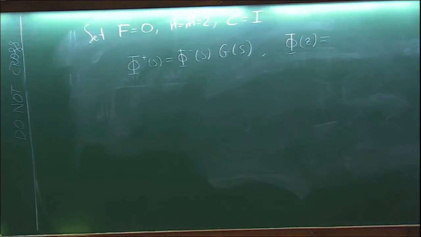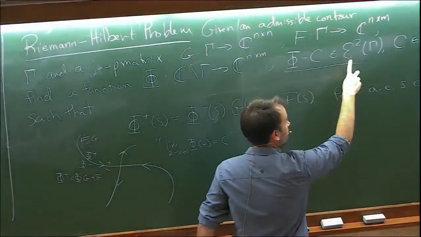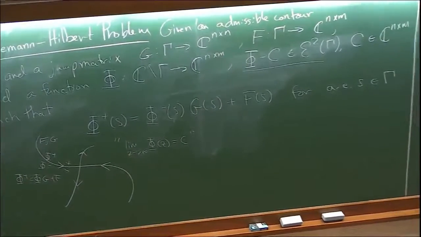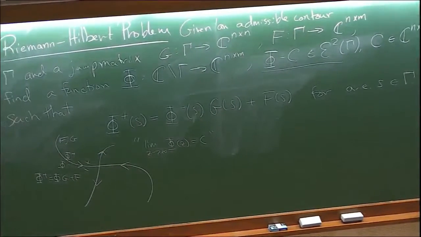Well, I've made the assumption, or defined, that if I have a solution, it has to satisfy this. So phi has to be a Hardy space function plus a constant. So it has to be a Hardy space function plus the identity. That means this has to be the Cauchy integral of some function.